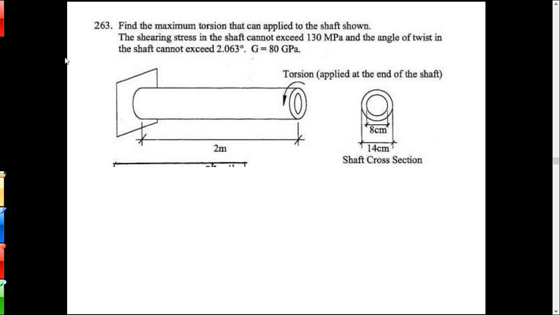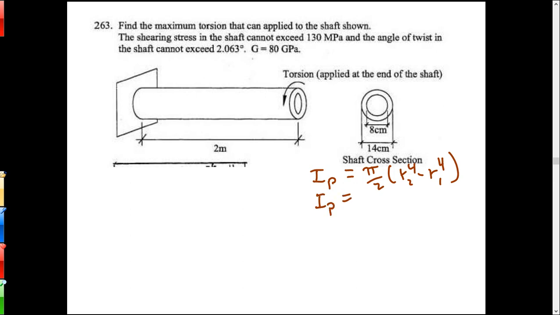So you want to do a few things on this. You want to find the moment of inertia, okay, and you always do that. It's a polar moment of inertia. The formula there is pi over 2 times the outer radius to the 4 minus the inner radius to the 4, okay? That's the formula there, and you'll get the moment of inertia.